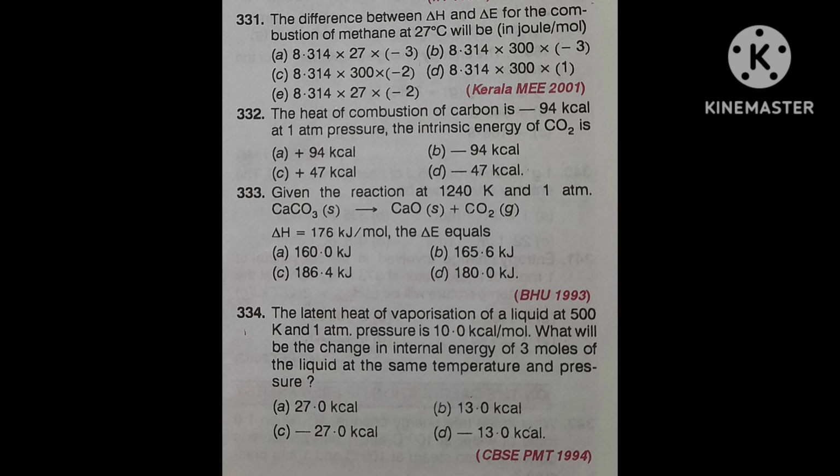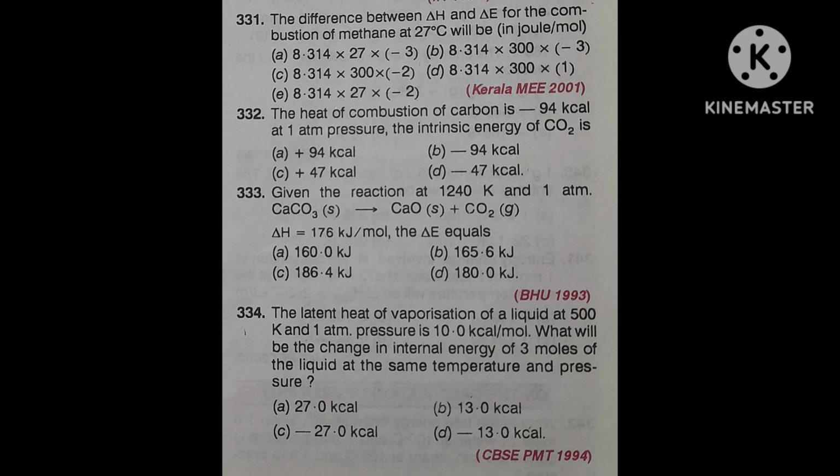Then 1 minus 1 is equal to 0. Delta n value is 0. And in this case, the reaction is going on at atmospheric pressure. Then delta E is equal to delta H in this case, that is equal to minus 94 kilocalorie.